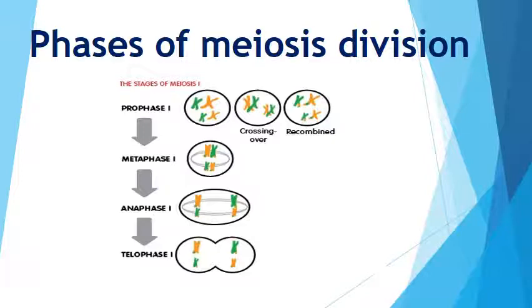Okay, here we have the crossing over phenomena at many phases, which is metaphase 1, anaphase 1, telophase 1.